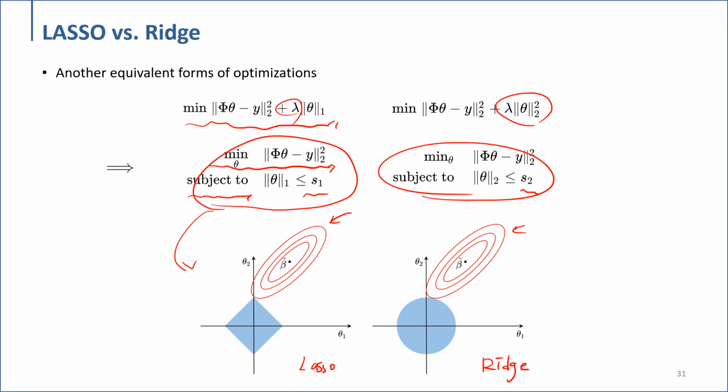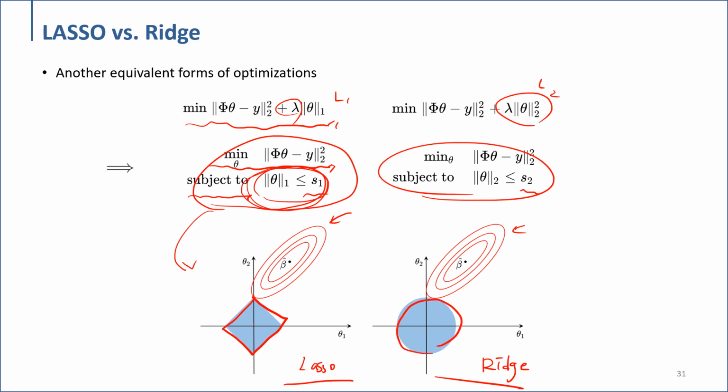The difference between lasso and ridge is using the L1 norm or L2 norm for measuring the magnitude of the theta value. For the L1 norm, we can expect the use of a diamond shape, like this. In the case of ridge, or L2, the magnitude is represented as the radius of a circle.